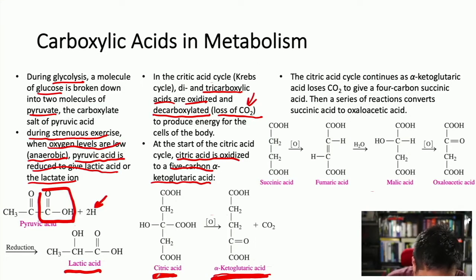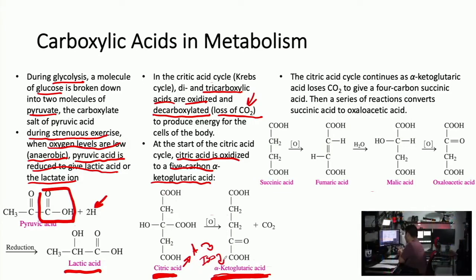So one of them is that citrate first becomes aconitate, right? Which you don't really need to know, but I just wanted to mention that. And then after that, I'll just label that with an A because you don't really need to know that. After aconitate, it becomes isocitrate. And then after isocitrate, it becomes alpha ketoglutarate, right?